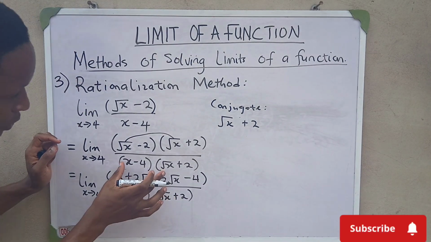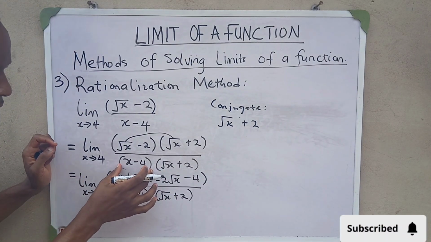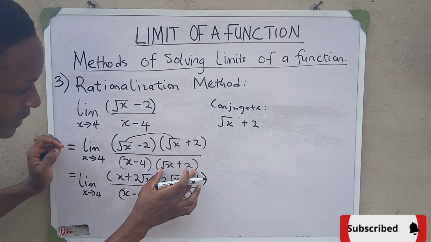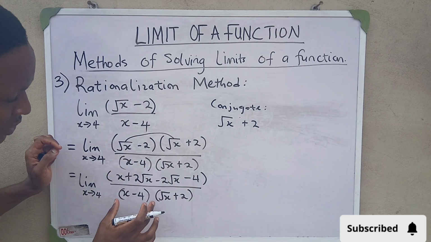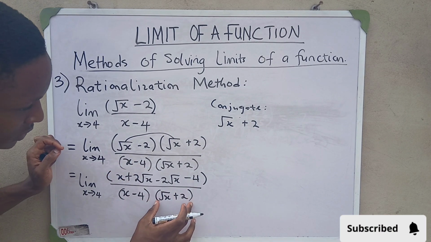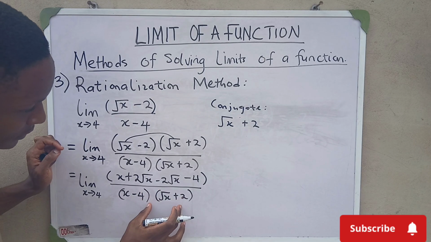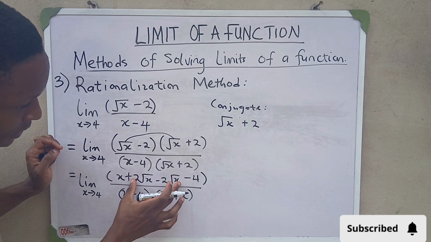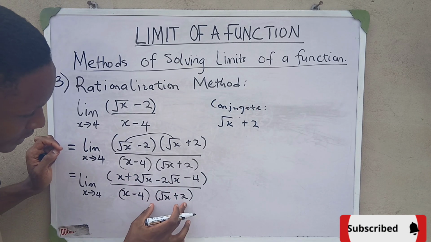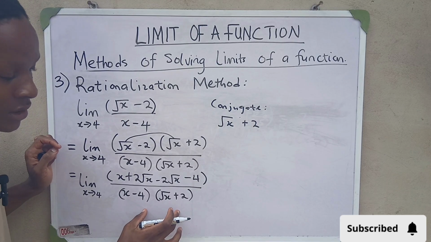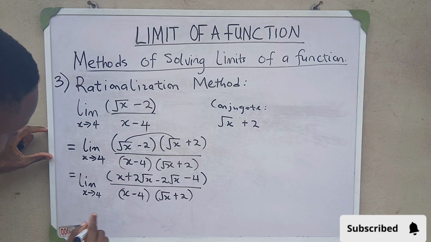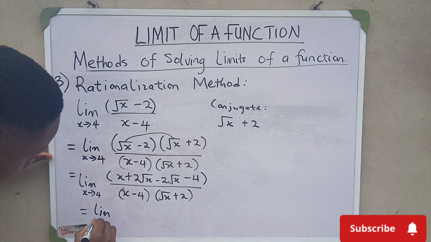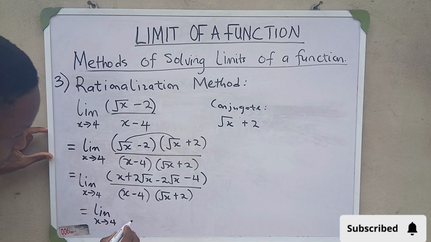Now if you look here, we didn't simplify this further because what we want to do is cancel one of these, because when we finish solving this, one of these values is going to cancel out. So you see what we have now. We have limit of x approaching 4.